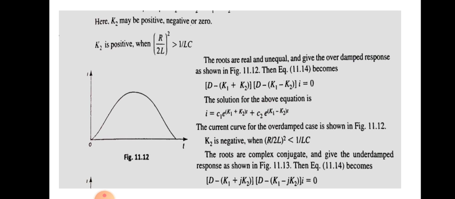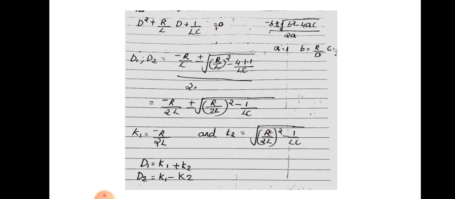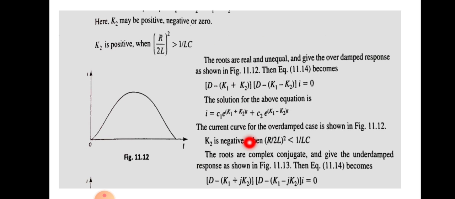Similarly, there is another case when (R by 2L) squared is less than 1 by LC. In such cases this term will be negative, so the roots will be imaginary. We can say that the roots are complex and conjugate, and so the characteristic equation can be written as (D minus (k1 plus j k2)) into (D minus (k1 minus j k2)) into I equal to 0.